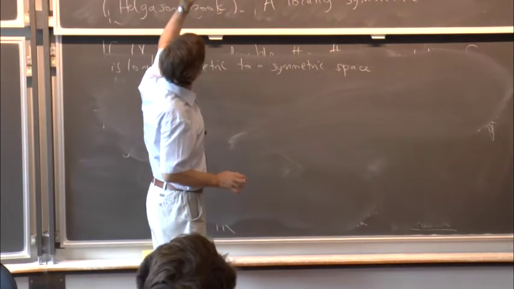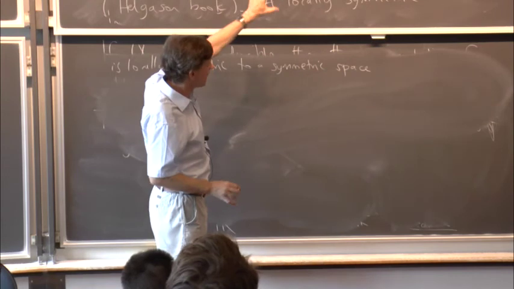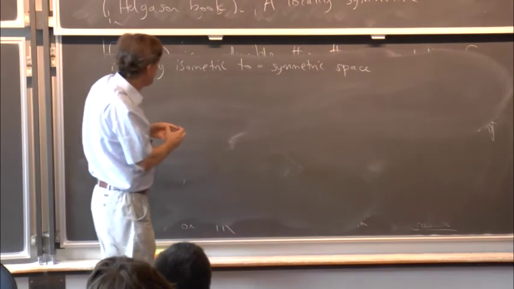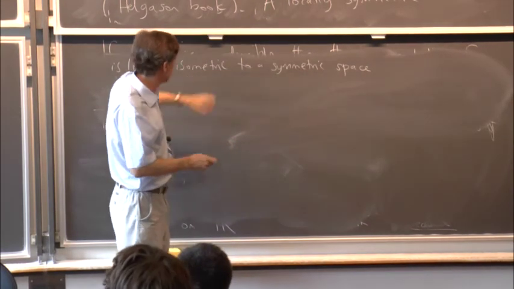So basically, if we're not non-symmetric, then open neighborhoods of our Riemannian manifold are isometric to small open neighborhoods of a symmetric space.